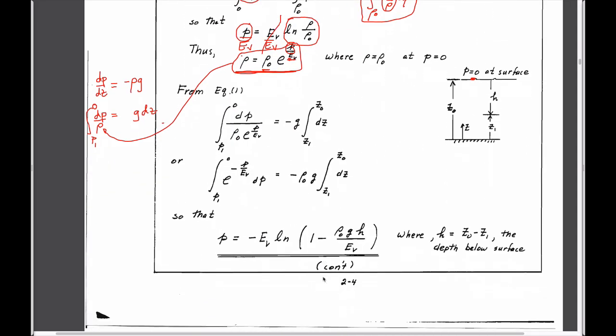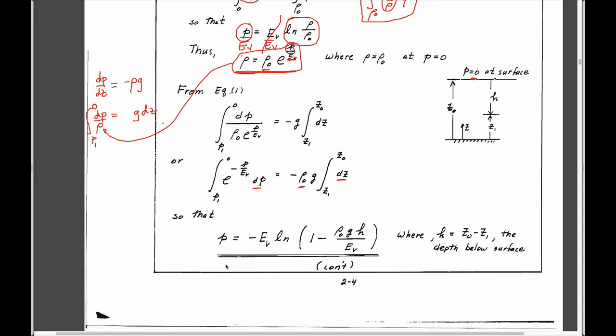And so what we can do then is integrate this. So we just rearrange this in terms of 1 over this, which is just the negative exponential of that, and this is a function of pressure. This is a constant. This is a trivial integration. It's just z evaluated between those limits.